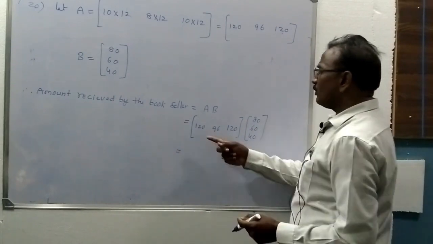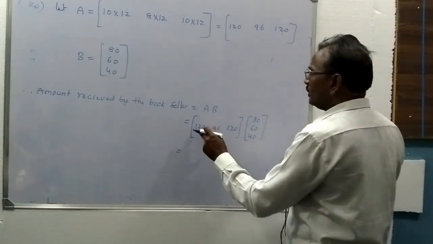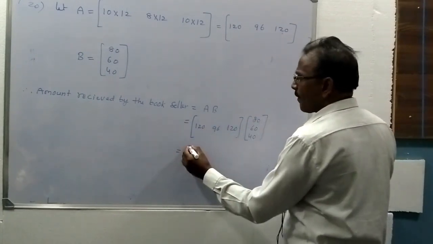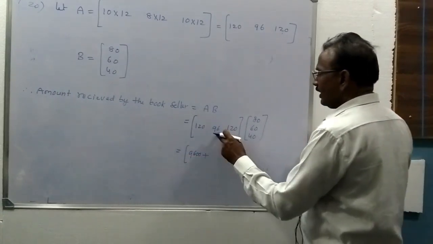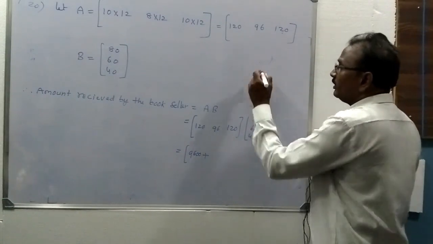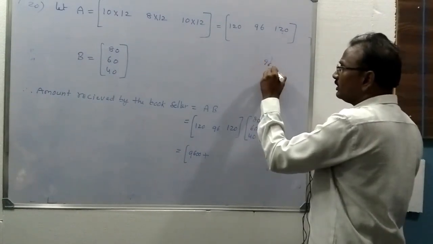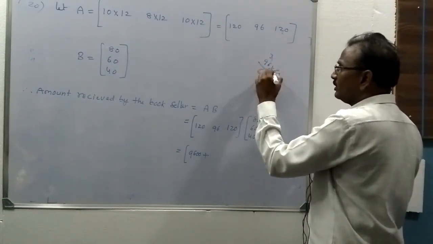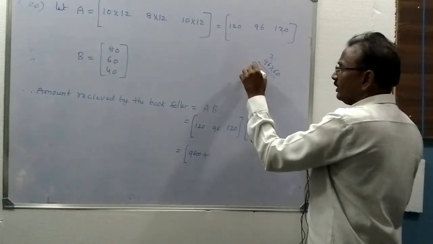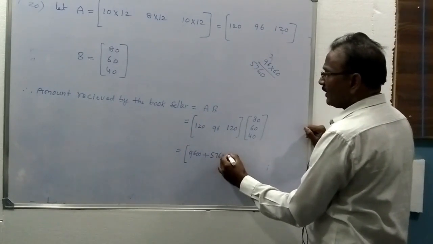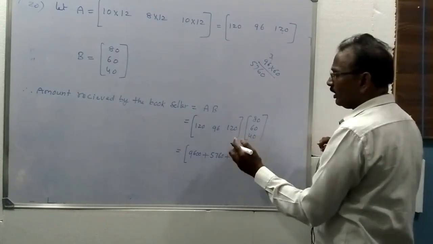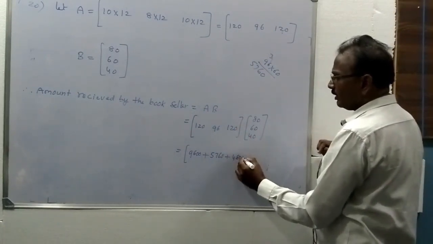So here, the sum of the product of first row with first column. 120 eights are 9600, plus 96 into 60. So 96 into 60 is 5760, plus 120 into 40, so 4800.